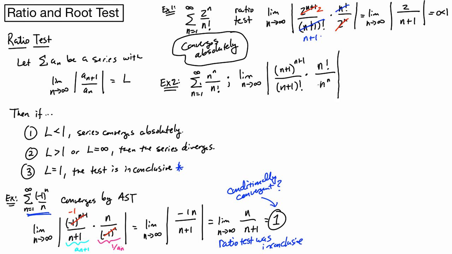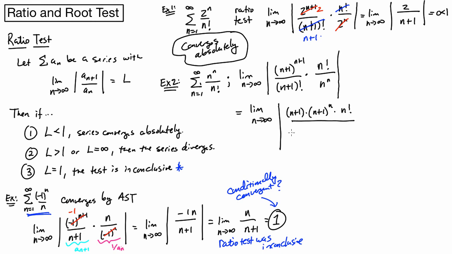Now, what's interesting about this is how you're going to cancel these. We're going to start with separating this out a little bit so you can see kind of what's going on here. So I'm going to start with this n plus 1 to the n plus 1 power, which is really n plus 1 times n plus 1 to the n, times n factorial.